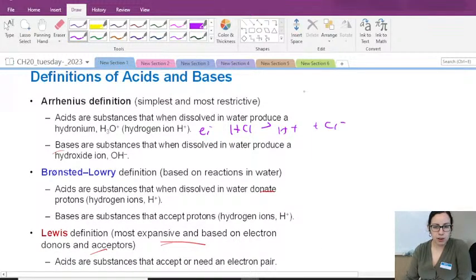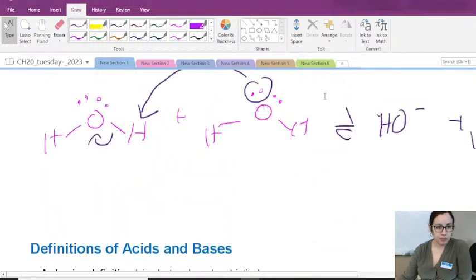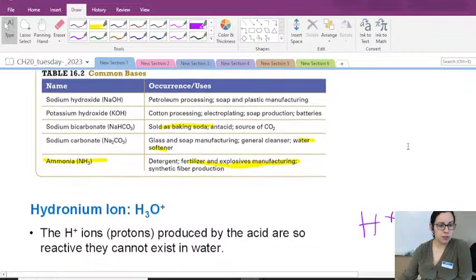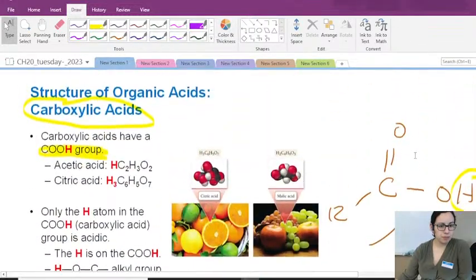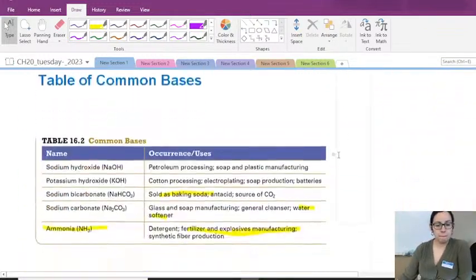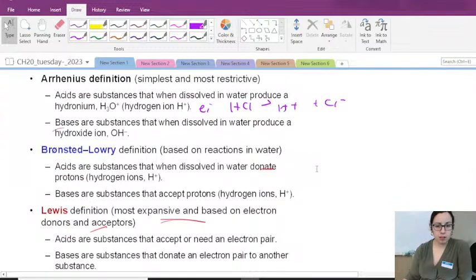Same thing with vinegar. I always forget the formula for vinegar. So, 2 carbons, so H2C3... See, I forgot it again.